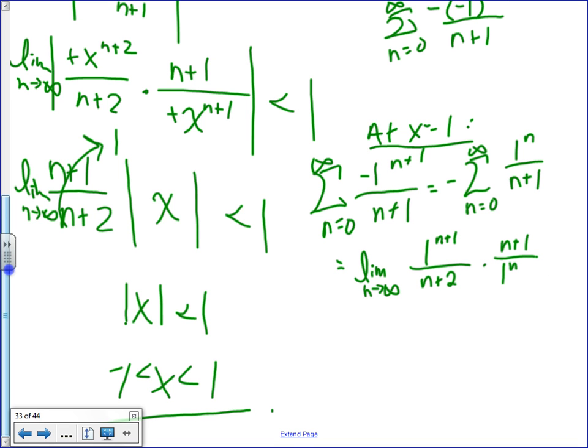Right? Absolute value for ratio test? Yeah. Doesn't matter, we pulled the negative out anyway, we're just testing this one right now with the ratio test. So then we end up with, yeah, it's gonna be 1 times 1.